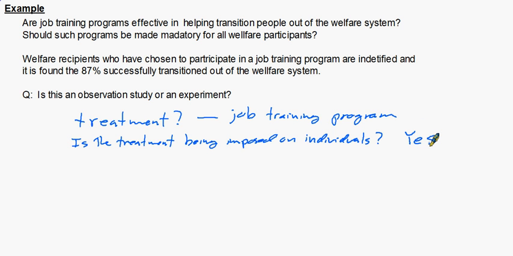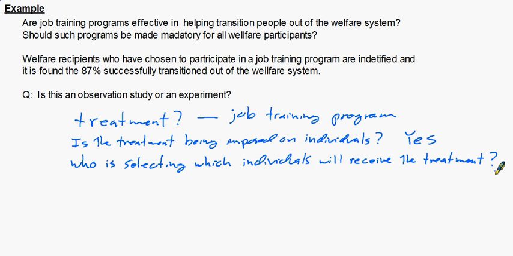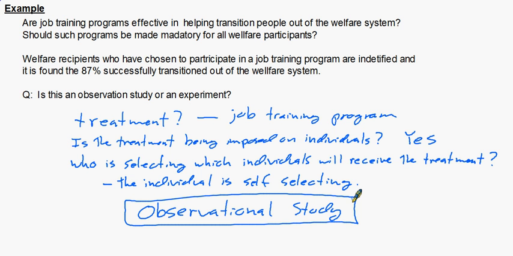Why, yes, it is. All right, it's starting to look kind of like an experiment. But who is selecting which individuals will receive the treatment? The experimenter? No, actually, that's not the case. The individual is self-selecting. That means it's not an experiment, it's an observational study.